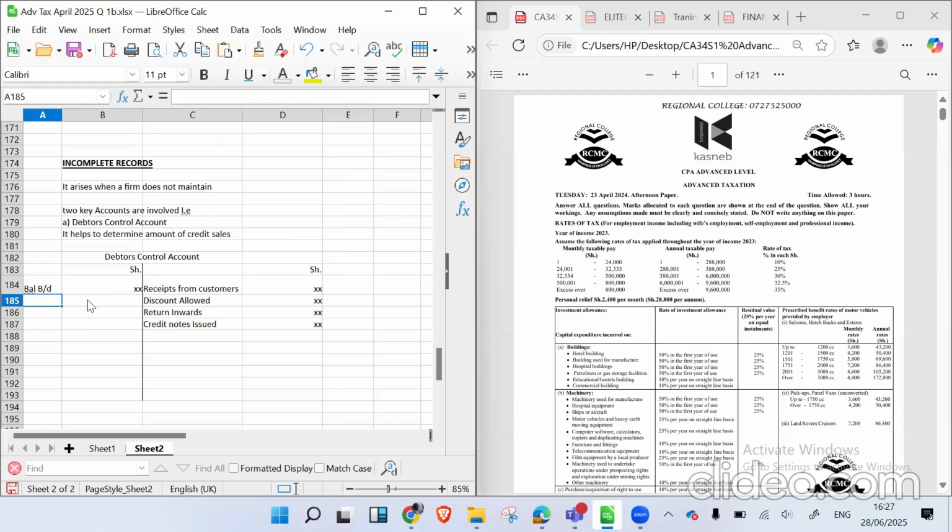When you are sold to and overcharged, we need to refund you, so we reduce ourselves by giving you a credit note. If we undercharged you, then we shall issue a debit note. Debit notes issued.